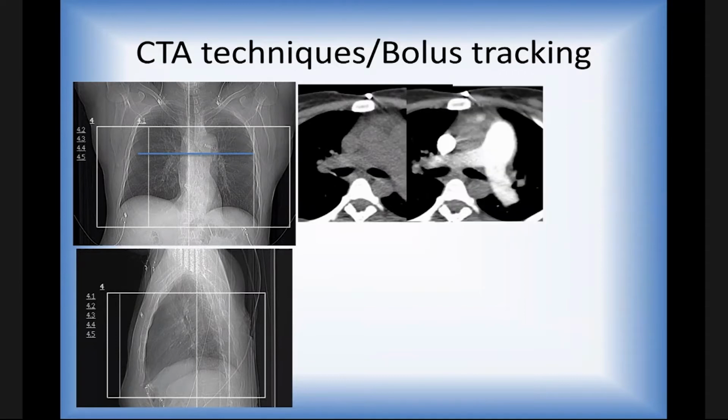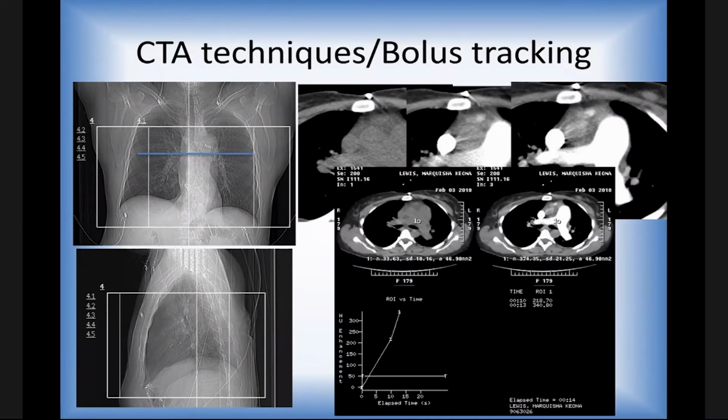When the contrast is coming in, we can see it getting into the pulmonary artery, and this is the graph that we get from the scan. We scan the patient the first scan, second scan, and the third scan. When the density hits the threshold that we set up, the scanner will automatically start scanning the patient right away. The standard threshold is about 120 to 150 Hounsfield units.